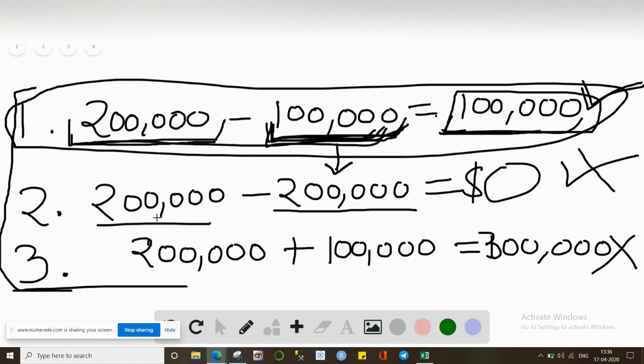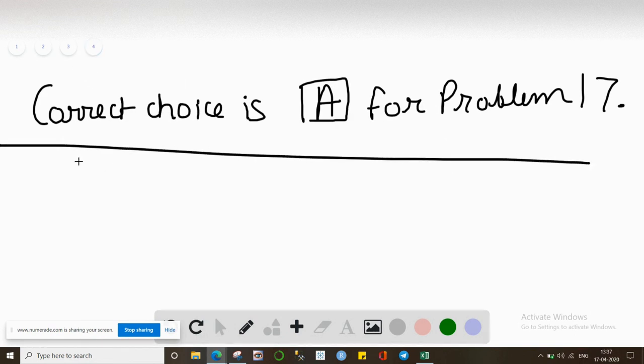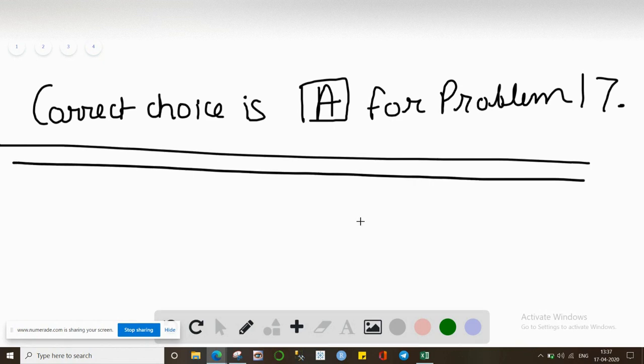So the initial 2 lakh of assets minus 2 lakh of liabilities will give you zero equity. But when we add 2 lakh of assets plus the initial level of liabilities in the third choice of the question, we get 3 lakh of equity, which is incorrect in our case because we have 1 lakh of equity. So that is why the first choice is correct, and that is what we have got as the current solution. Thank you.